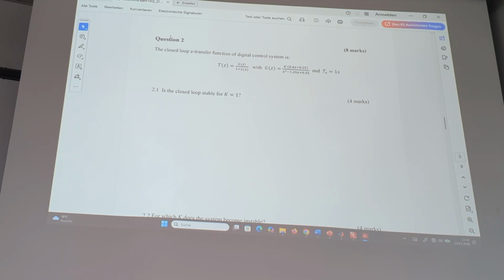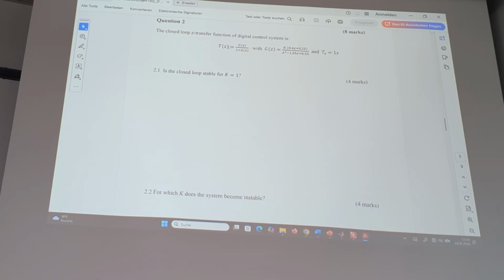Then question 2, 8 marks. The closed loop transfer function of a digital control system is T of Z equals G over 1 plus G, with G equal to a numerator over a denominator. Sample time 1 second.